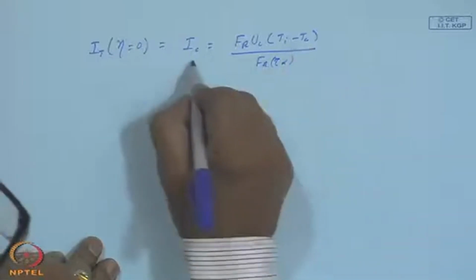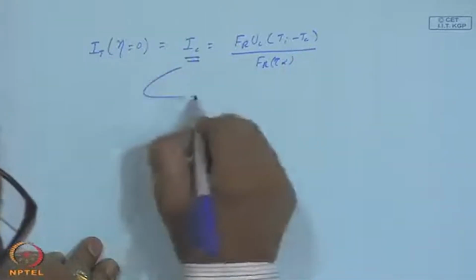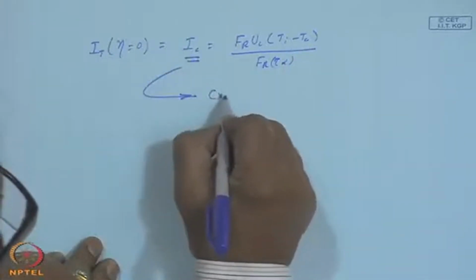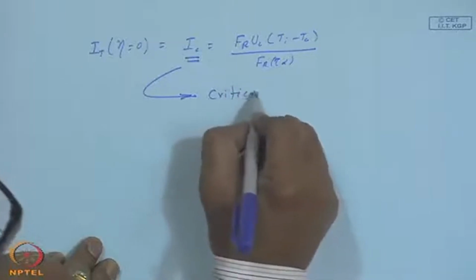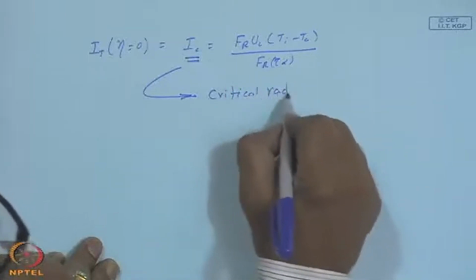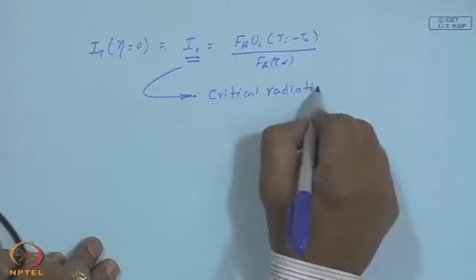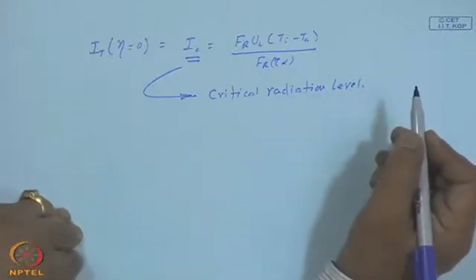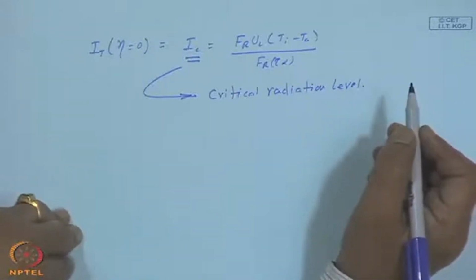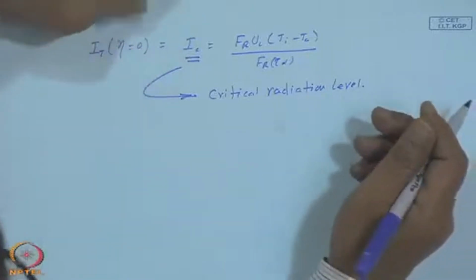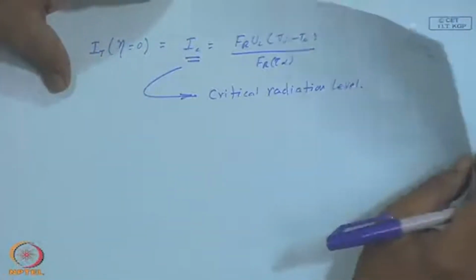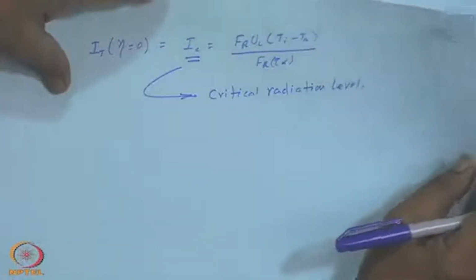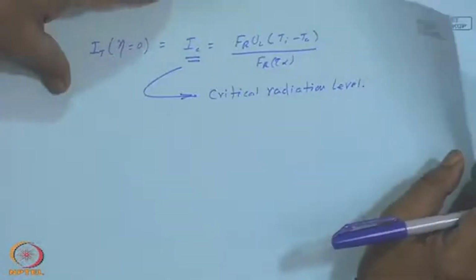So, this is what we call the critical radiation level. So, it implies that the incoming radiation onto the collector should be above this number I_c in order that there is heating of the fluid entering the collector.